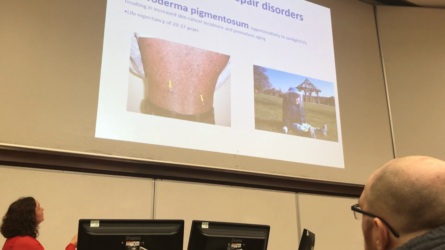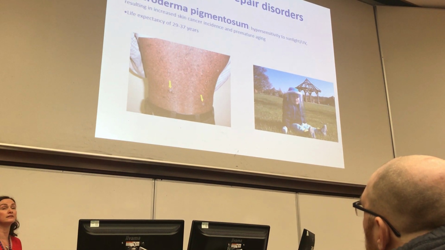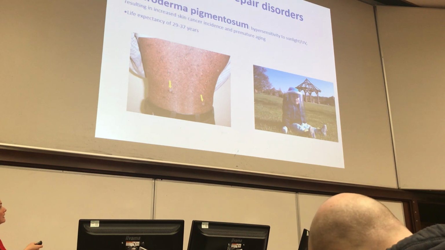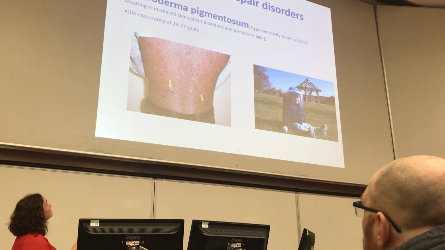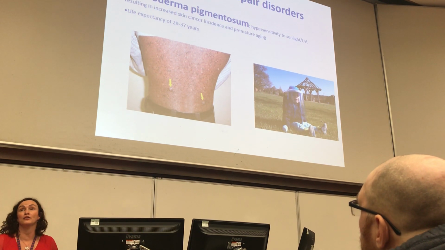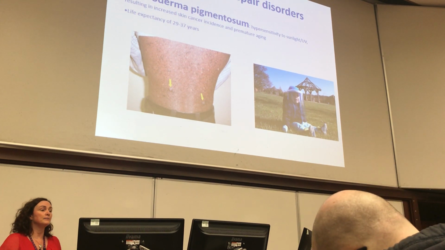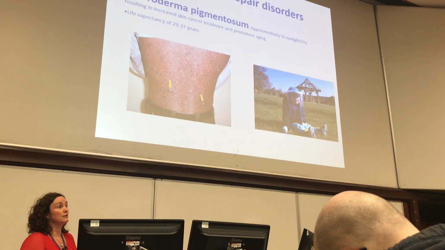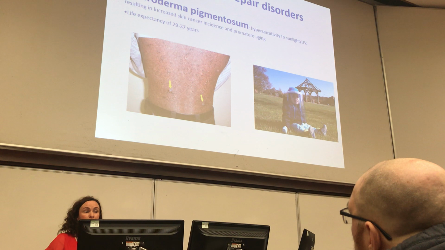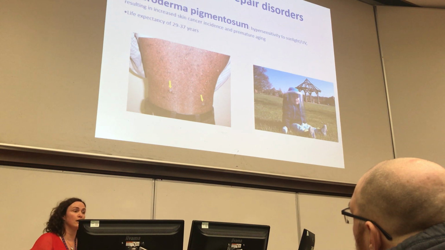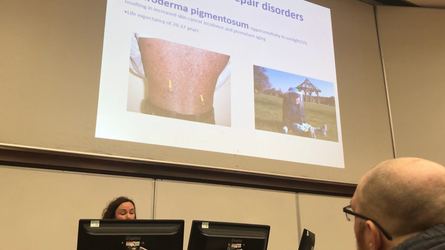Obviously, it leads to high incidences of cancer, and cancer is usually the common cause for death. So it says here life expectancy is around 29 to 37 years, but usually most individuals with XP don't live past the age of 20. So it just goes to show how much our DNA repair pathways are important to us.